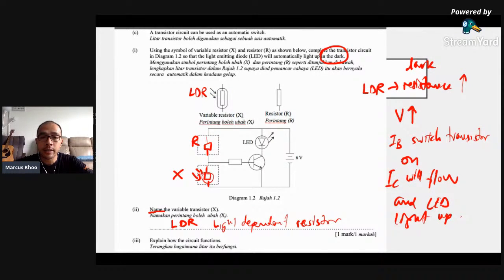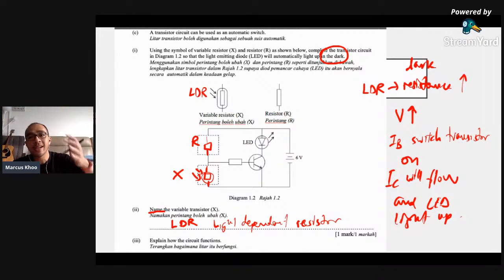Remember, there must be enough current here before current will flow here. In order to have enough current, there must be a higher voltage over here, and to have a higher voltage, you need higher resistance. So that flow is always there: resistance high, voltage high, base current will switch the transistor on, IC will flow.